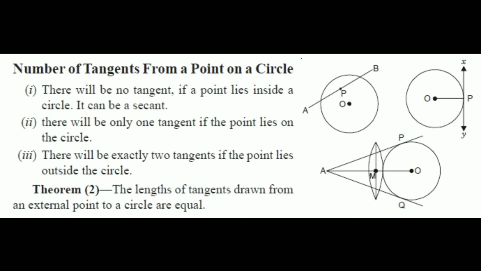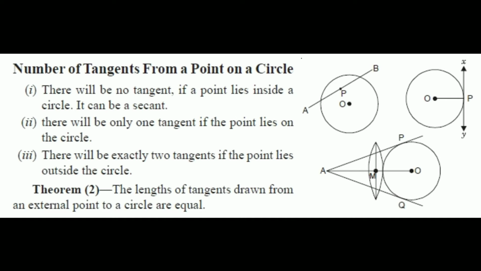In the third case, as shown in figure 3, when the given point lies outside the circle, then we can draw two tangents from that point. Here, the point lying outside the circle is point A, and from that we can draw two tangents called AP and AQ.